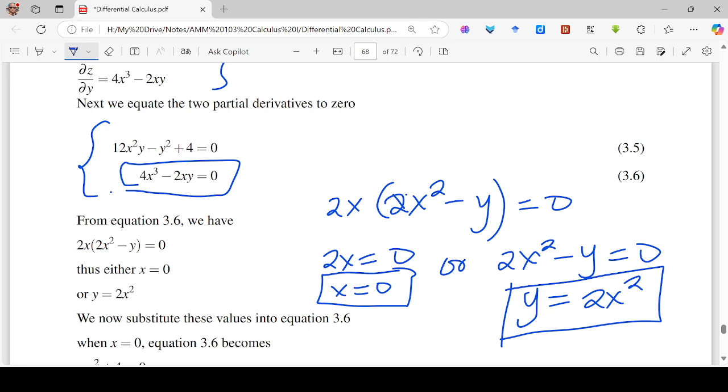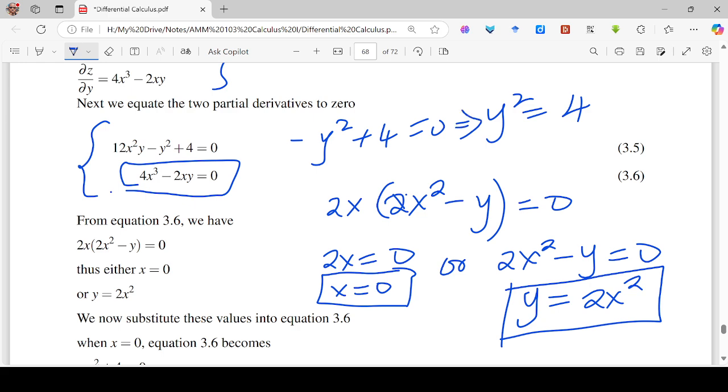We can now substitute these values into the first equation, equation 3.5. If you substitute x equals 0 into equation 3.5, the first term becomes 0. So you get minus y squared plus 4 equals 0, or y squared equals 4.